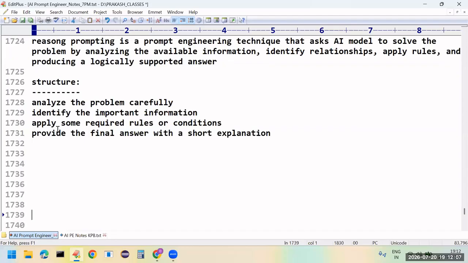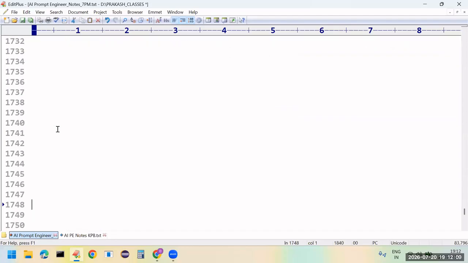Next, we will see the purpose of reasoning prompts. What is the purpose? Very simple.